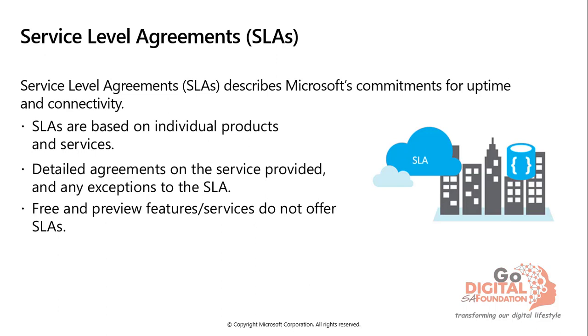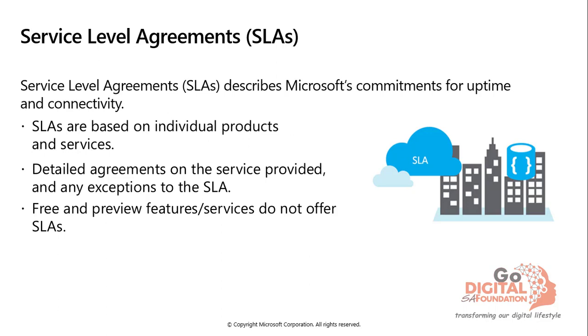So you have different types of service level agreements according to the product or service that you are using. And it is a detailed agreement on the service provided and any exceptions to the SLA.